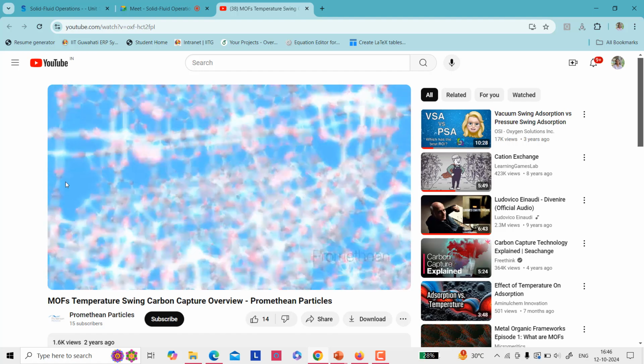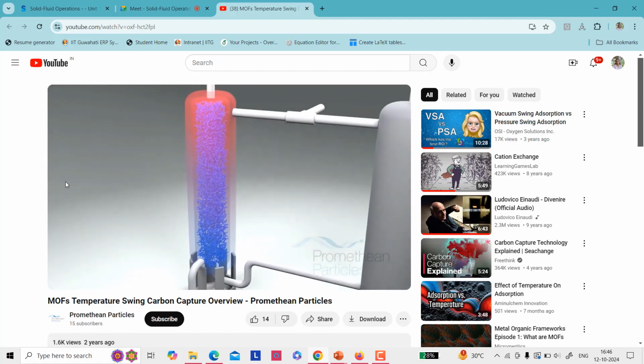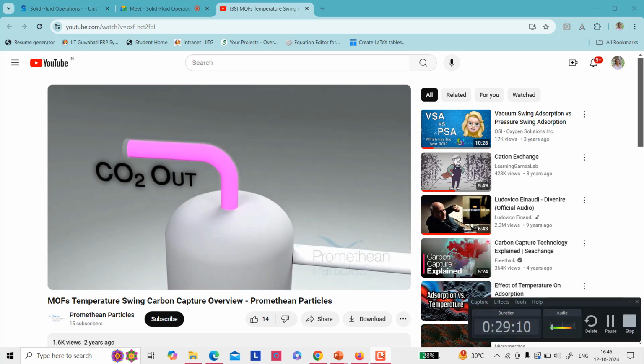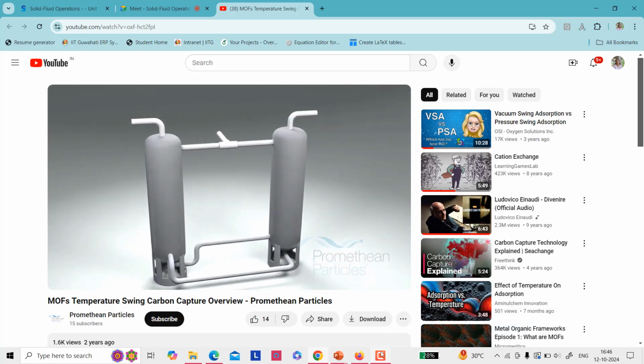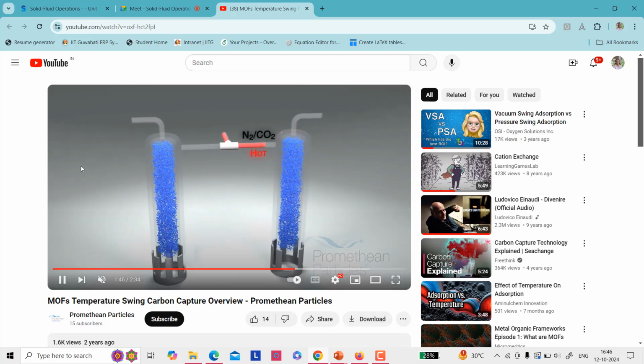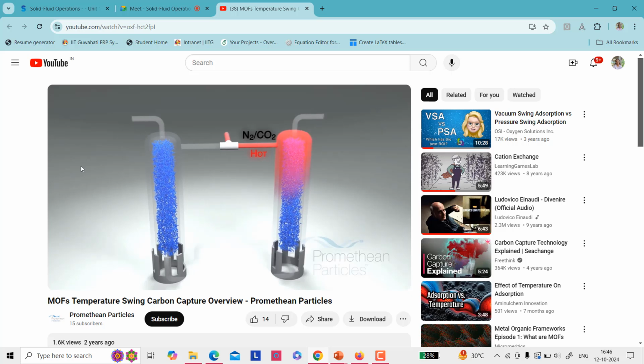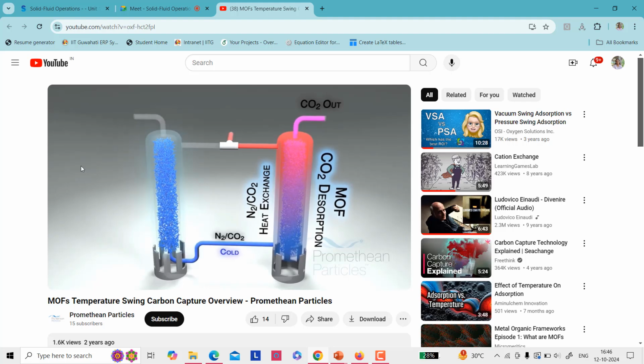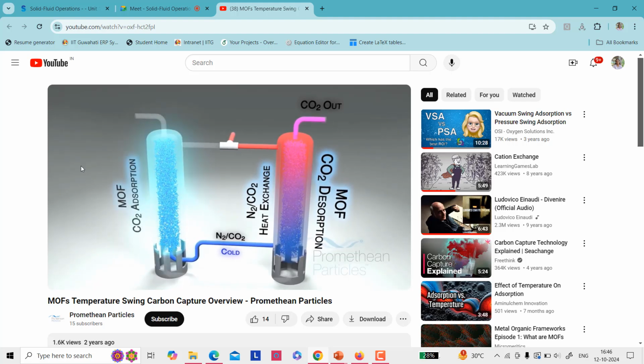So that is how they are separating nitrogen and carbon dioxide by temperature swing adsorption.